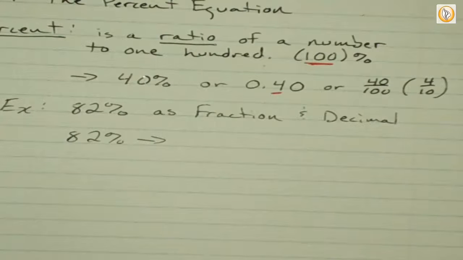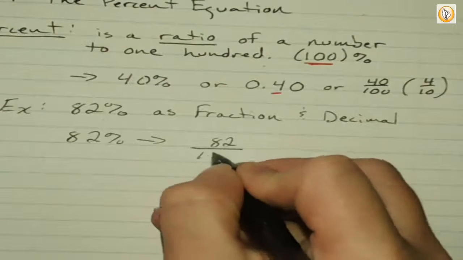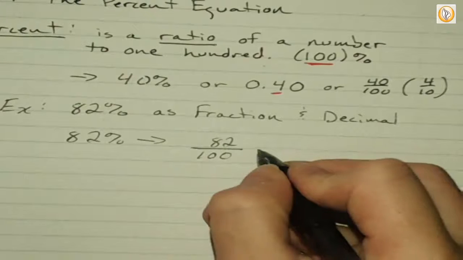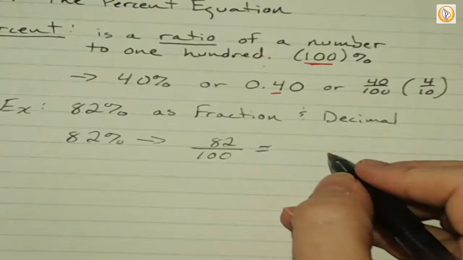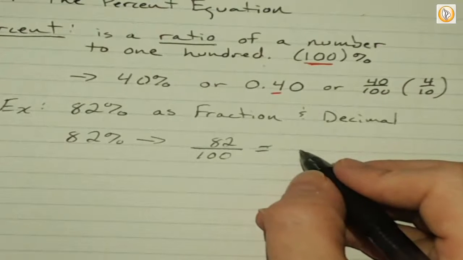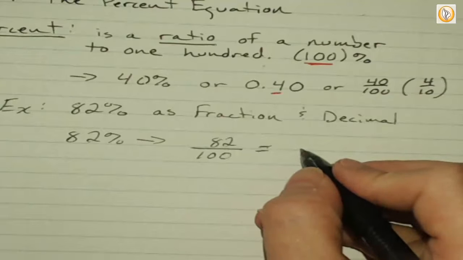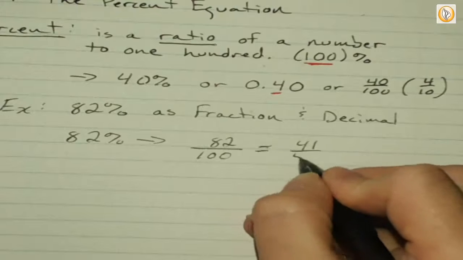You're going to write it over what? 100. And then we simplify it to what, Taylor? 41 over 50. Very good.